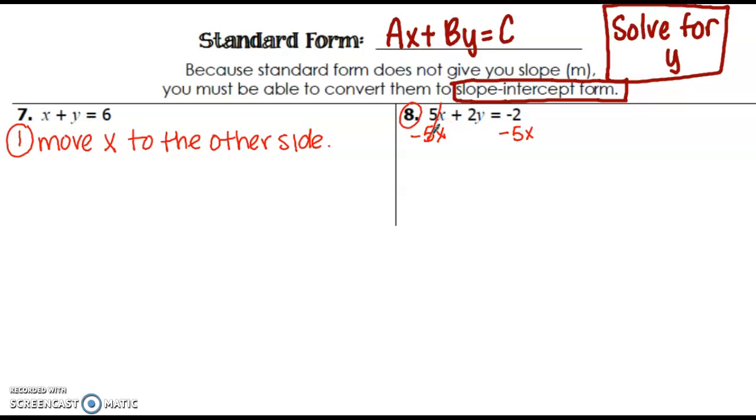This, of course, gets canceled. And so now we are left with 2y is equal to, and always, always, always, the x that I moved, that whole thing is going to go first. I needed to build my slope. So I'm going to put that first and then drop down the minus 2.